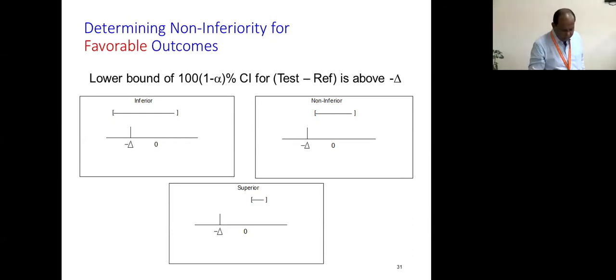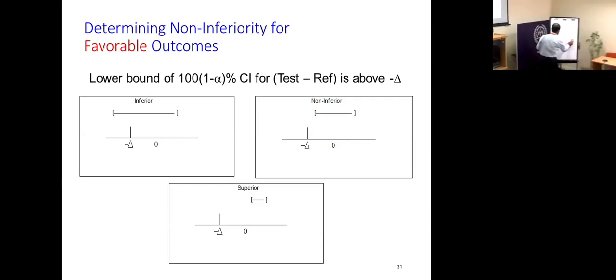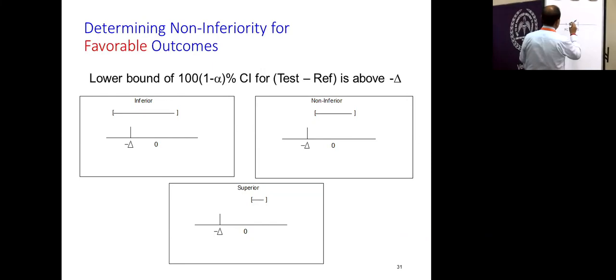Now, say for an example, we'll show you a lot of other examples. Now, what do you conclude from this? Supposing I say my margin is like this. This is the non-inferiority margin.